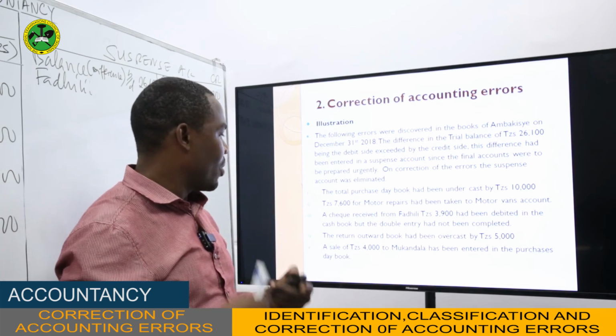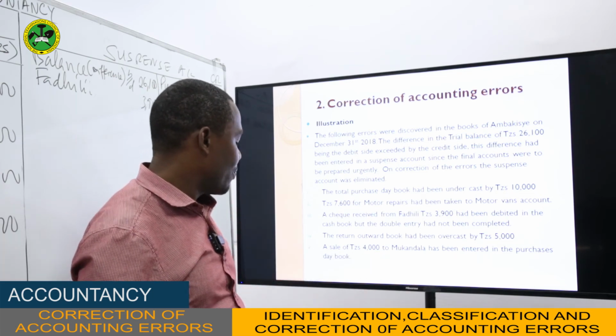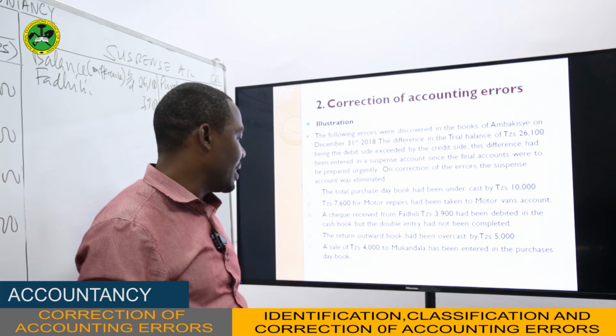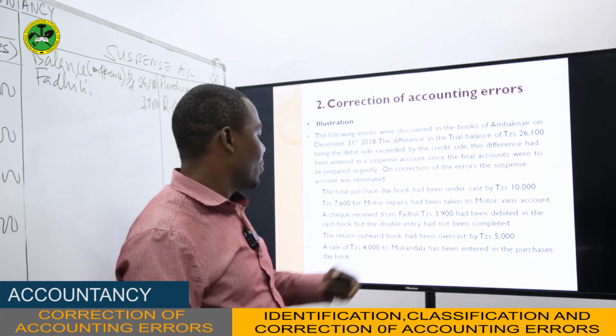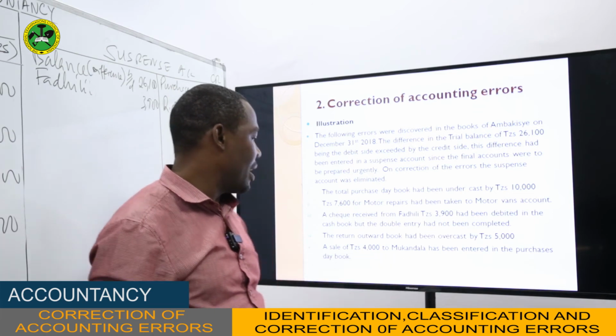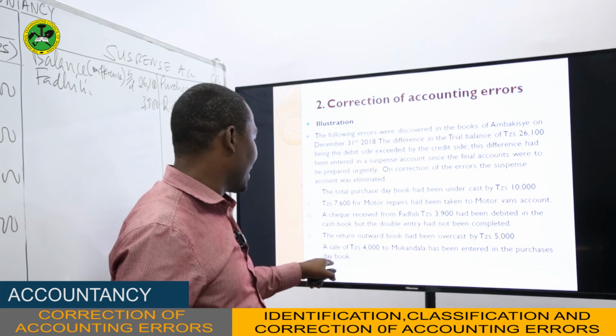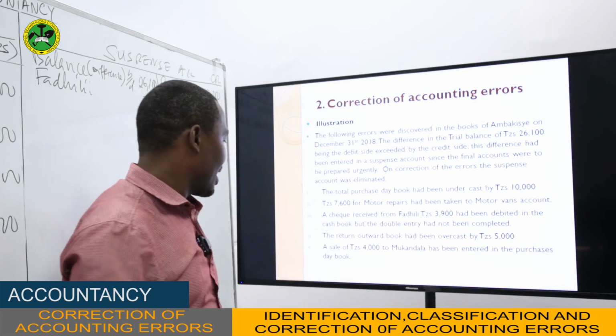So we need to make a correction to clear the error from recognizing him as a creditor and to recognize him as a debtor. Definitely we are going to double the amount in the Mukandara account. Then the other account to be corrected will be the purchases account.